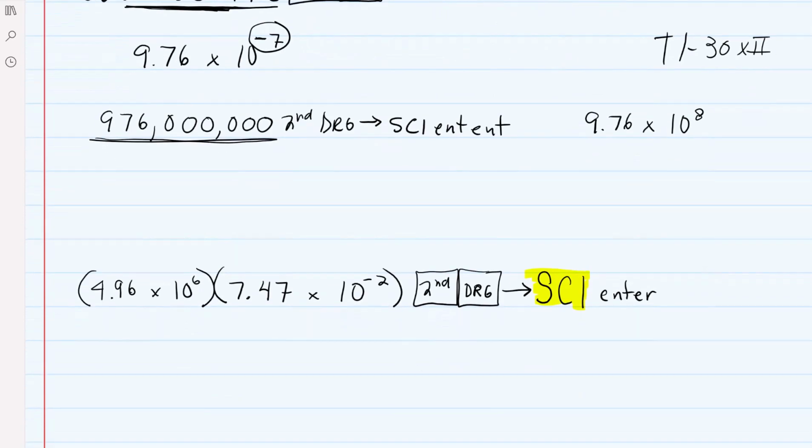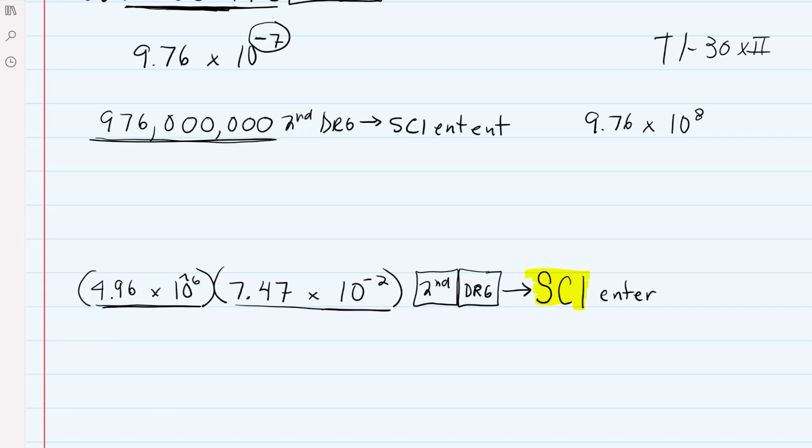All right, now operations. If you want to type this in exactly like this, so left parentheses, I'll do it while I read it. Left parentheses, 4.96 times 10, then use the caret button, 6.